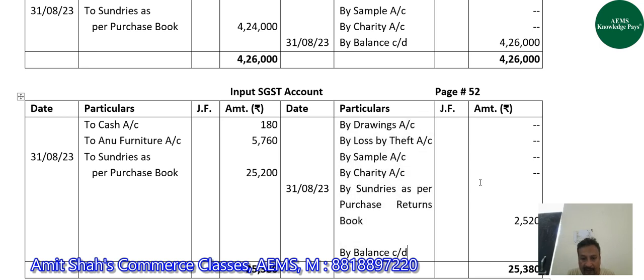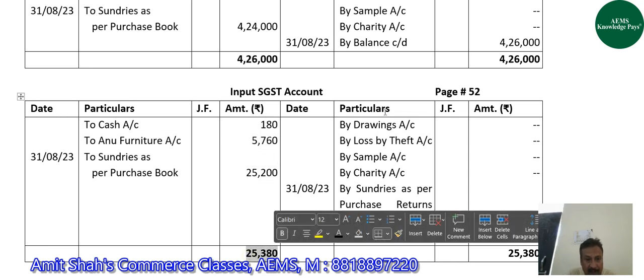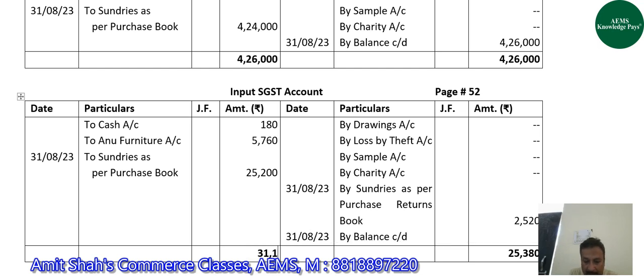So now the balance of this account on 31st August is the total of this, that is 31,140. 31,140 minus 2,520 is 28,620.